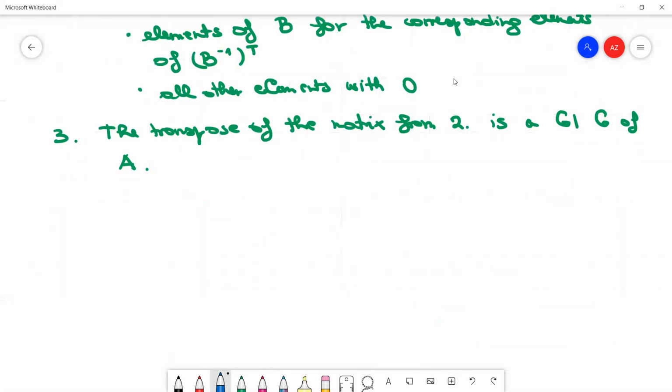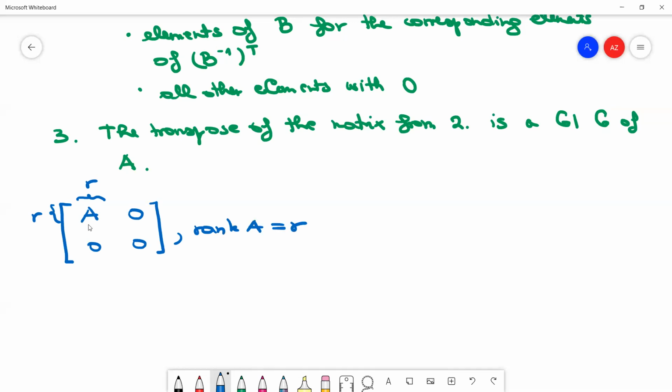This would be the case when we have, for example, the matrix A, 0, 0, 0, where A has R rows and R columns, and the rank of A is R. For this matrix, you see that the choice of B in the algorithm is unique.